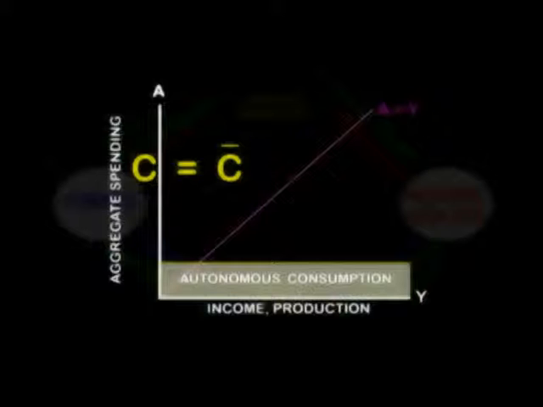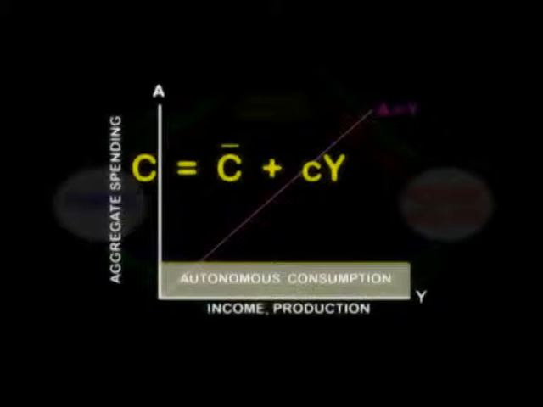So this autonomous consumption that takes place irrespective of income comes from savings. Total consumption is referred to as C. The term used to represent autonomous consumption in the algebraic expression is bar C. So the first part of our expression for consumption is C is equal to bar C plus.